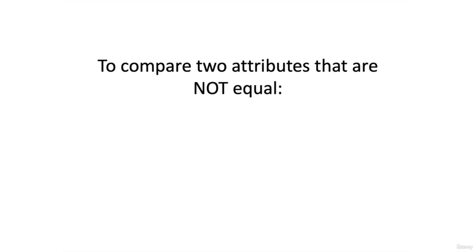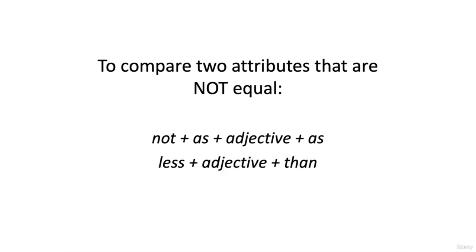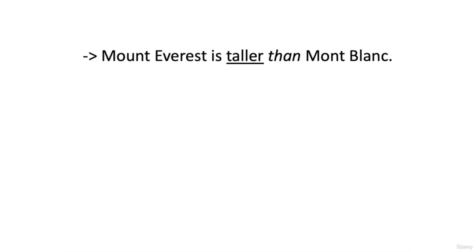Now, to compare two attributes that are not equal, differently to using a comparative as we have seen so far, we can use not plus as plus adjective plus as, or less plus adjective plus than. For example, Mount Everest is taller than Mont Blanc.